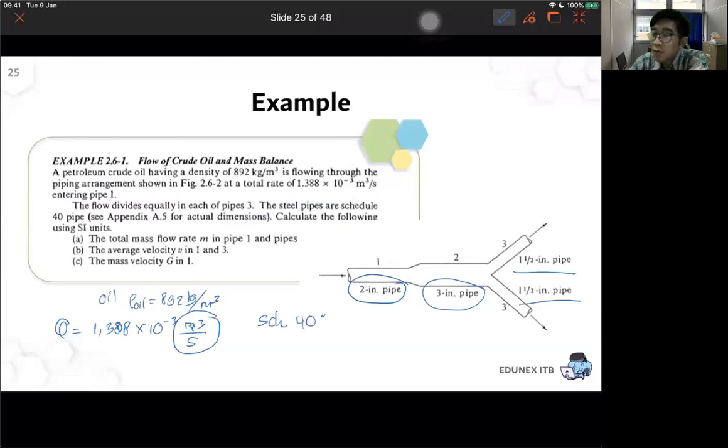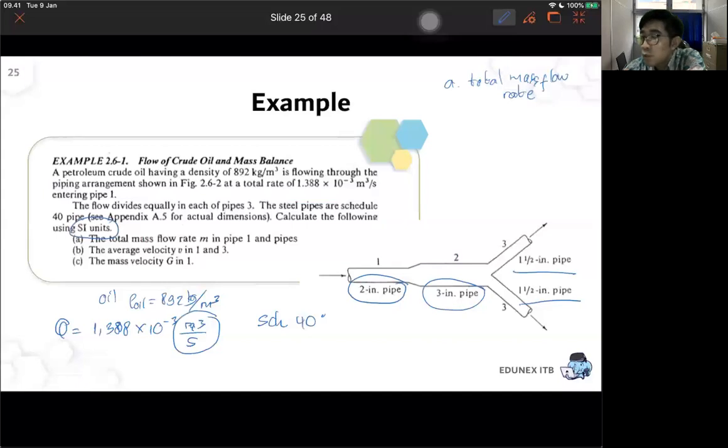Okay, now you need to calculate the following, all in standard unit. The first one is the total mass flow rate. Mass flow rate is always constant, right? In each segment of the pipe, except for the branch, because it will divide in half.